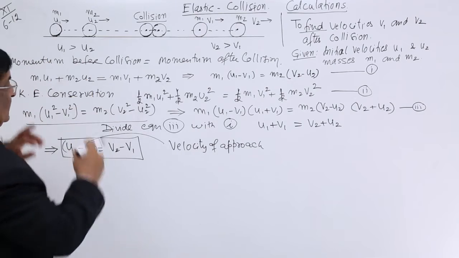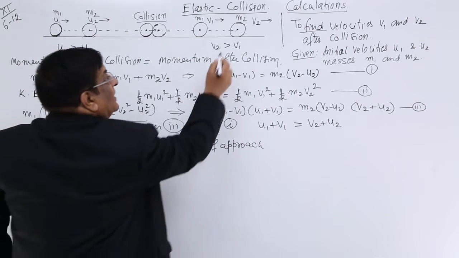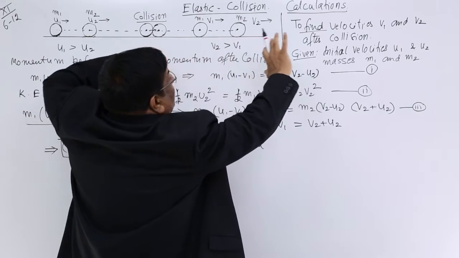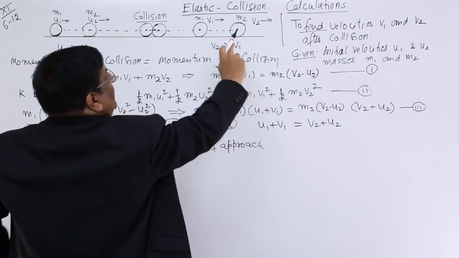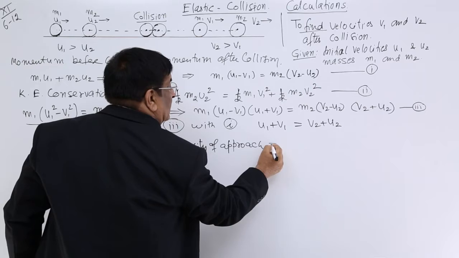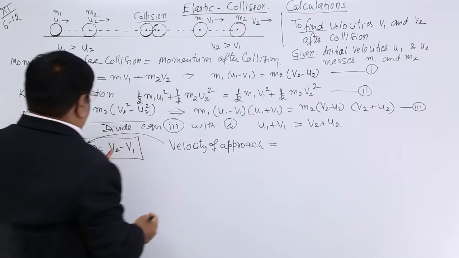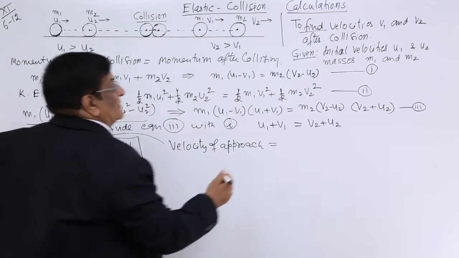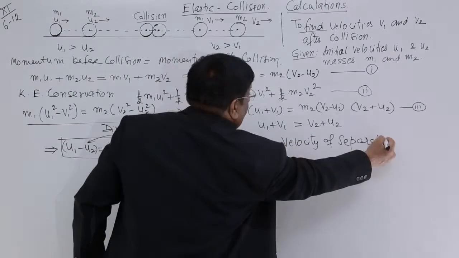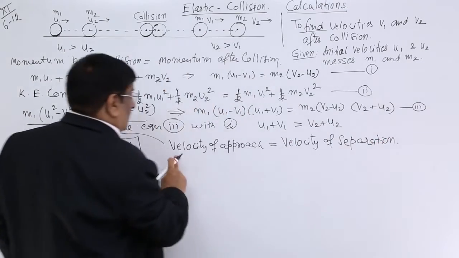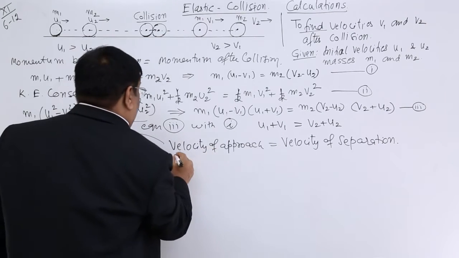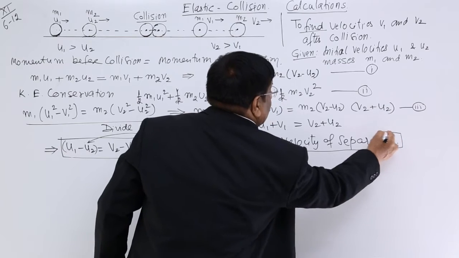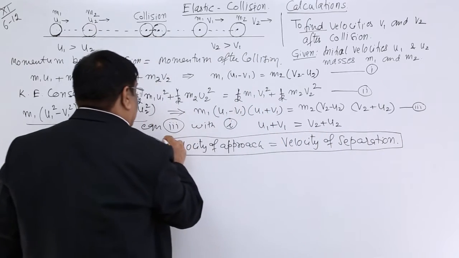They are approaching each other. And v2 minus v1: v2 is faster, v1 is slow, so they are separating out with relative velocity v2 minus v1. So v2 minus v1 is given the name velocity of separation. So velocity of approach is equal to velocity of separation.